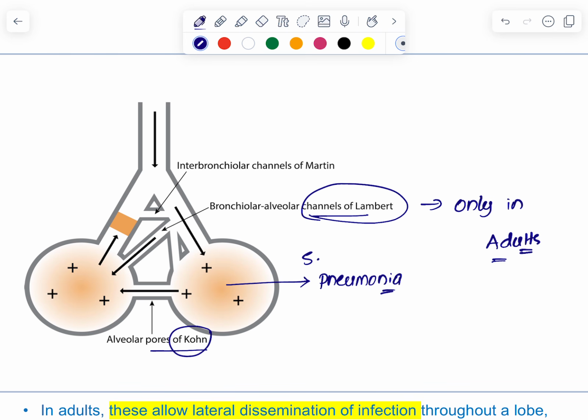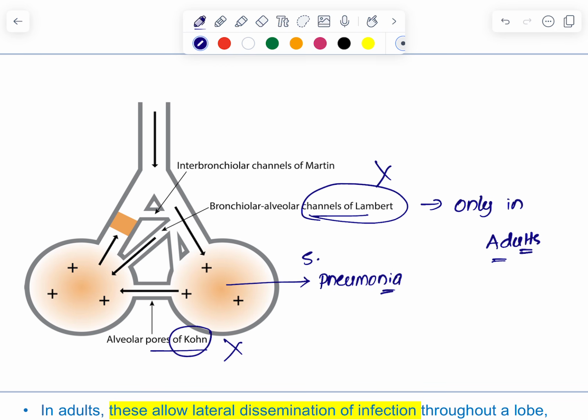The infection spreads through this interalveolar communication and through the collateral airways, the pores of Kohn and the channels of Lambert. This allows lateral dissemination of infection throughout the lobe, resulting in lobar pneumonia. Whereas in children, these are not yet developed.